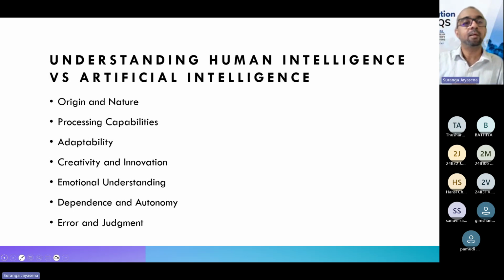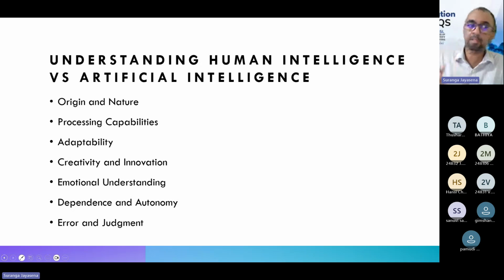Okay, then in terms of adaptability, that is, changing yourself to suit the scenario, right? So AI systems can be designed to learn and adapt within the confines of their programming and data input. So AI can change according to the requirement, and they can be programmed to do so, right? Therefore, their adaptability is limited to the data they have been trained on.